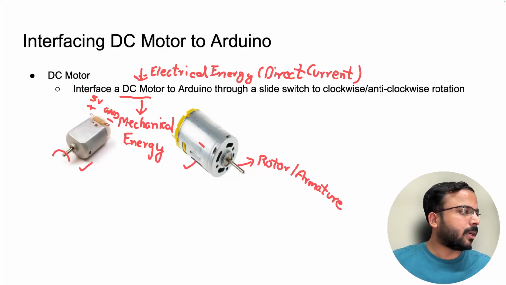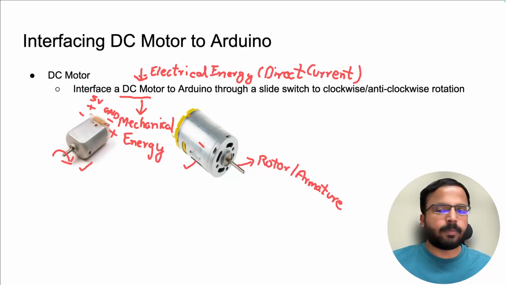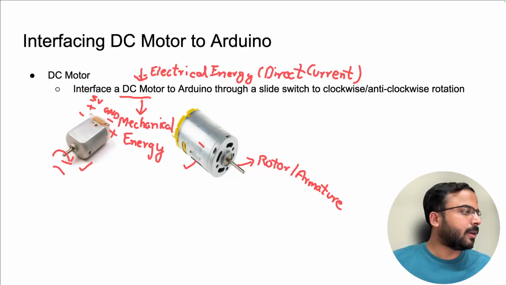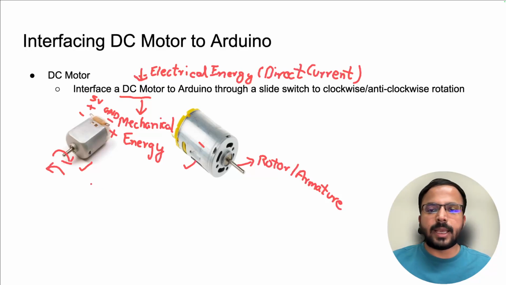Now if you reverse the poles or the supply of current, putting a minus here and a plus here, the direction will reverse. If you switch the polarity, the rotation will reverse. If it was clockwise, it will go anti-clockwise. This is in general the principle of how a DC motor works.